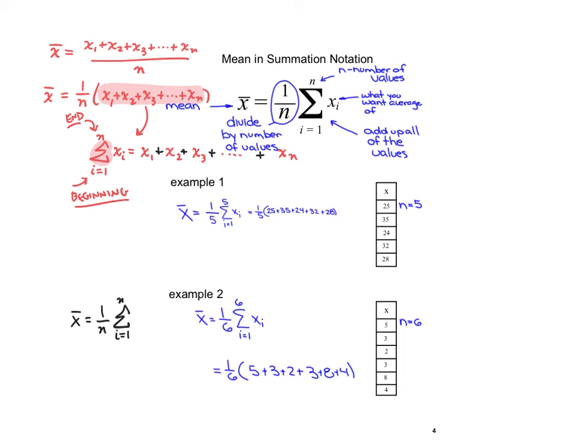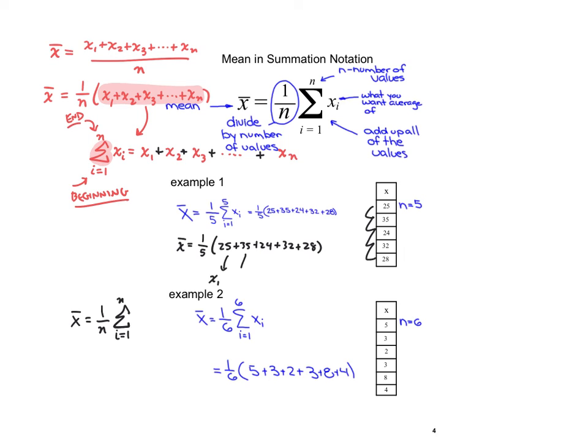Okay, so let's use this in a practical example. Look at what I've got here. I got a 25, 35, 24, 32, 28. So x bar would equal 1 over 5 times the sum of these values. I recognize that I have all these numbers written up here already in blue marker, but what I want to do is lay it out for you deliberately.